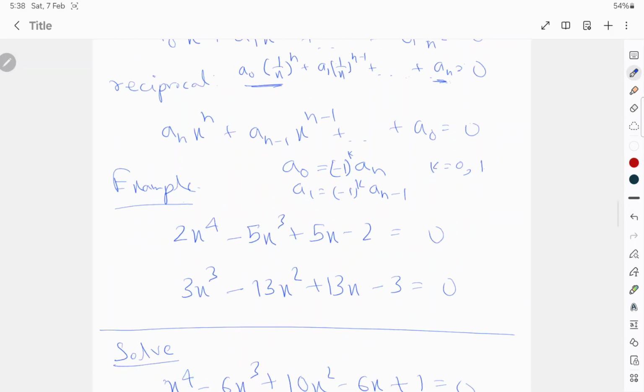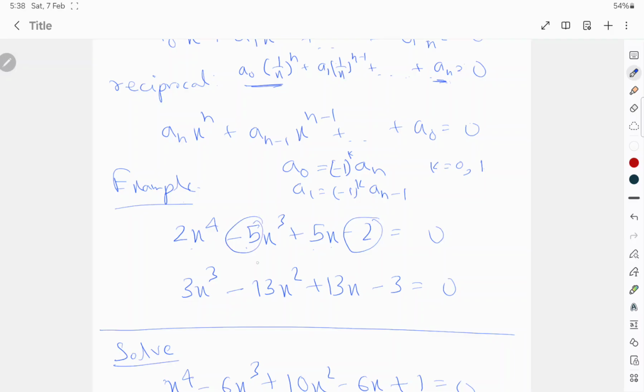For example, if you see this, 2 minus 5x cube plus 5x minus 2. If you write the equation in the converse way, basically what you have, 2 on the opposite side is minus 2, right?